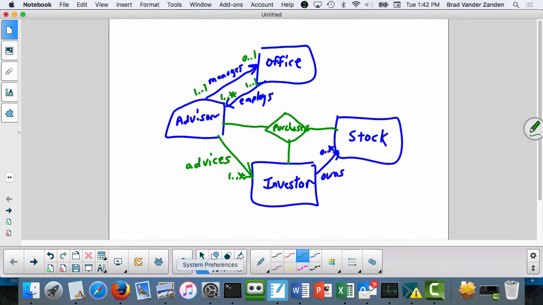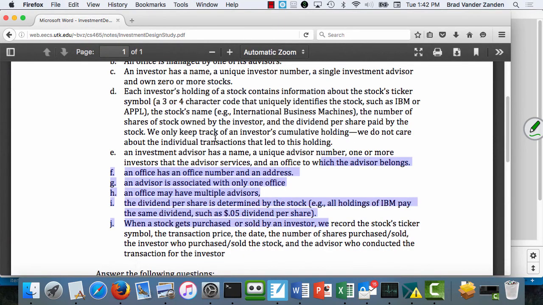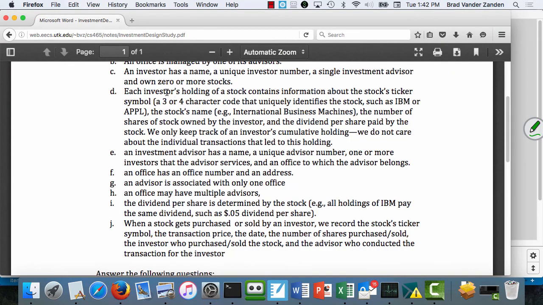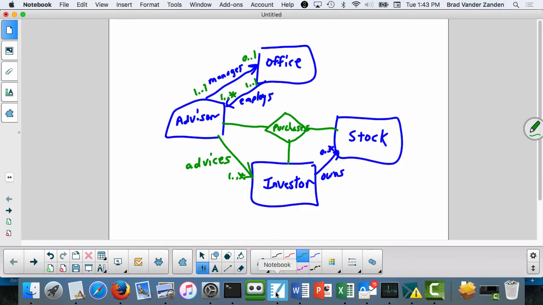Somewhere here it says that an investor has a single investment advisor. So right there, a single investment advisor, therefore an investor has a minimum of one and a maximum of one investment advisors.